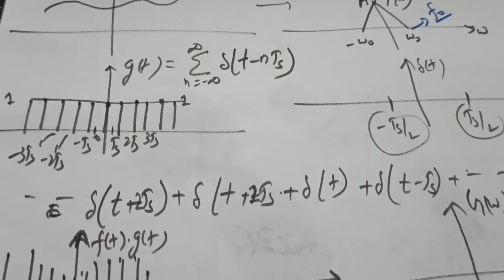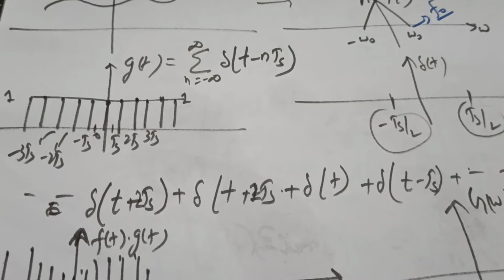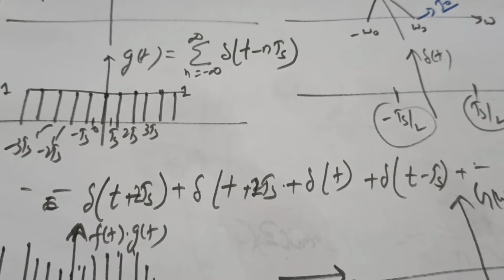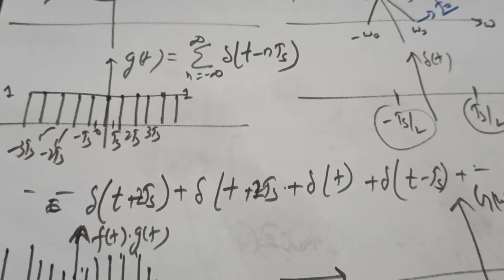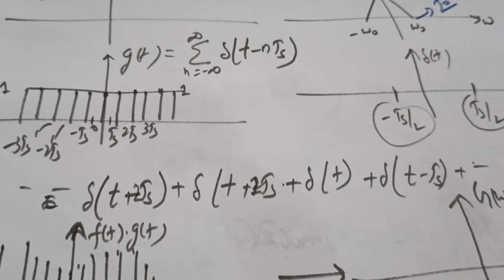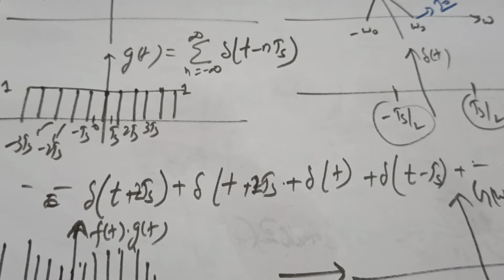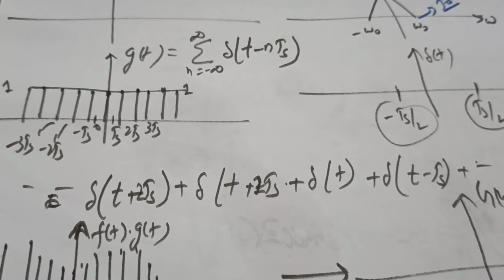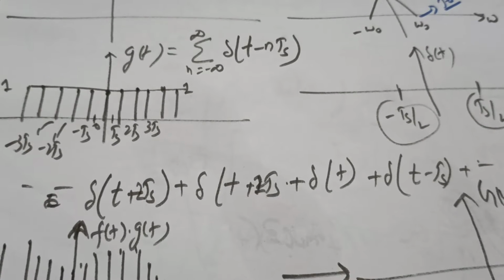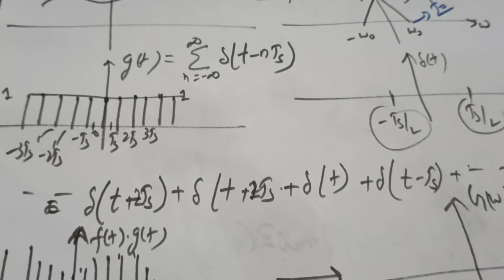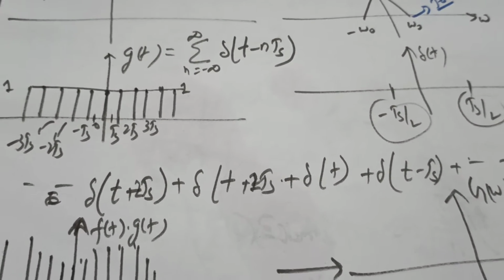We have also learnt that the Fourier transform of g(t) is G(omega), which is nothing but omega s, where omega s is the sampling frequency, omega s multiplied by summation from minus infinity to infinity delta(omega minus n omega s). Okay, clear?